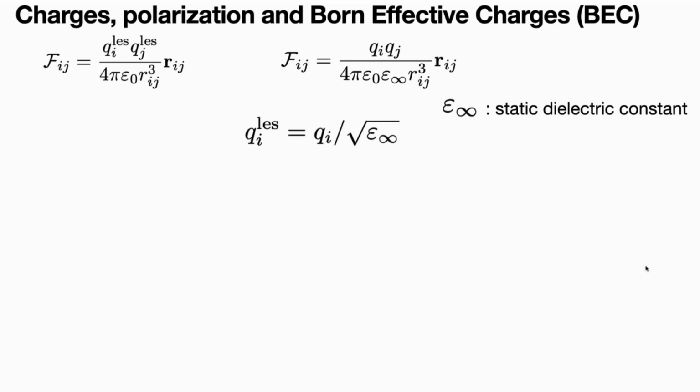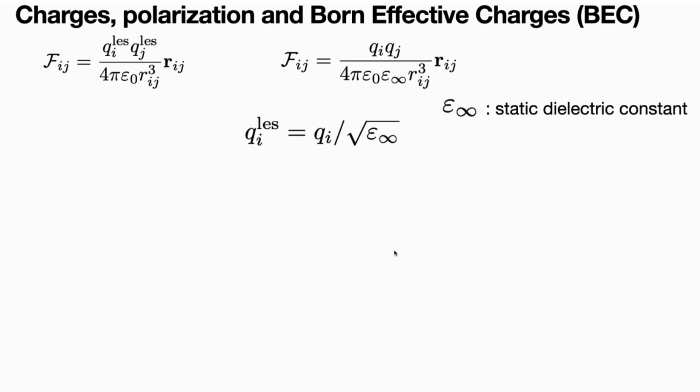So for bulk systems, the charges we are learning are actually the scaled charges, because we can think of atoms as having free charges, and then the interaction between these free charges is screened by the static dielectric constant, often also called the electronic dielectric constant or high frequency permittivity.